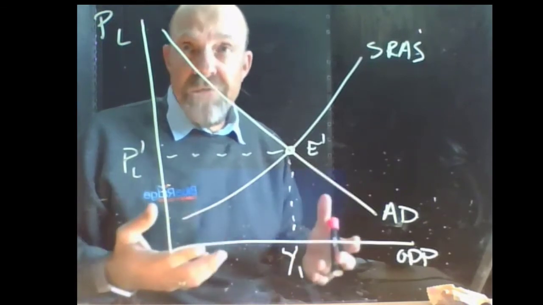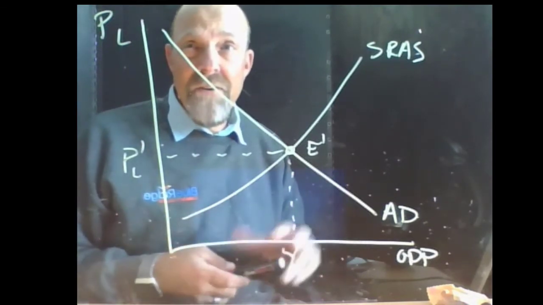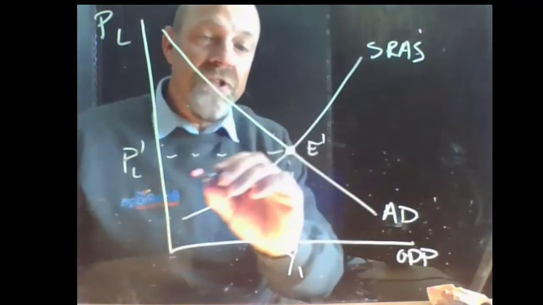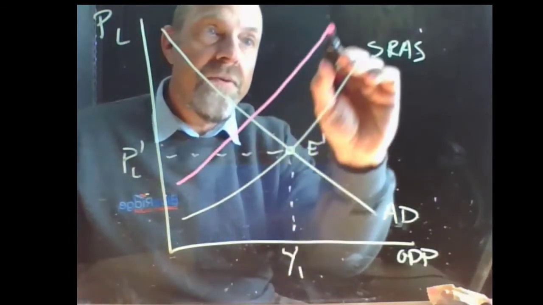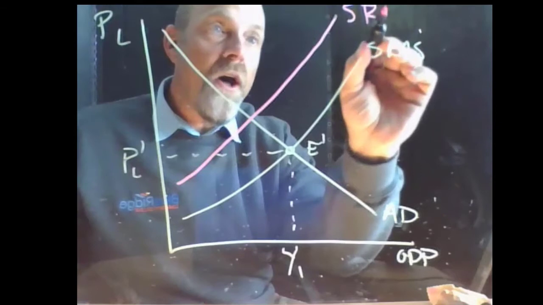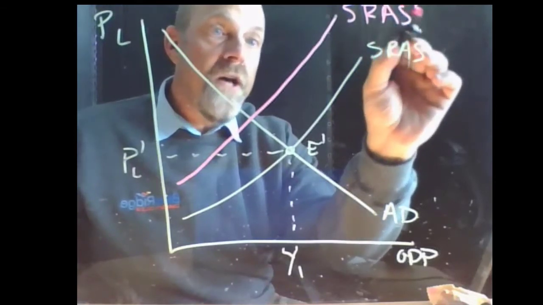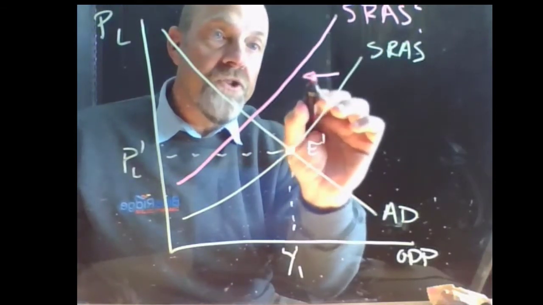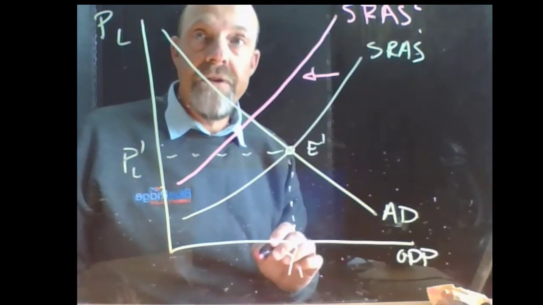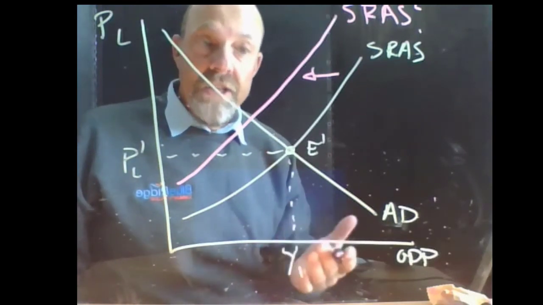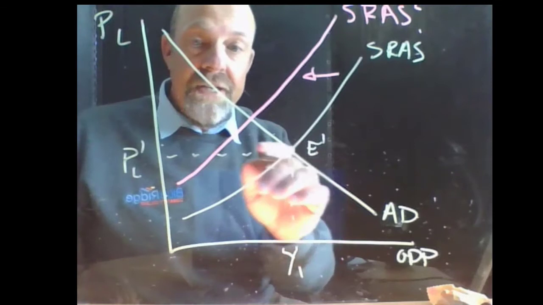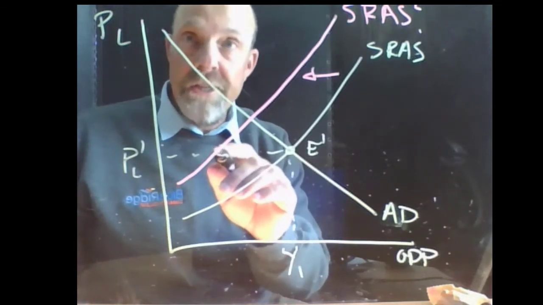If you said it shifts the short-run aggregate supply curve, you're correct. In fact, it'll shift it to the left. Because remember, higher costs of production cause a leftward shift of the short-run aggregate supply curve. So initially, the level of demand is going to exceed the level of production in the economy.